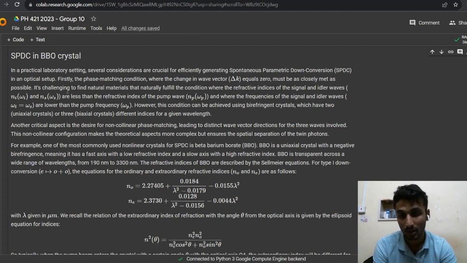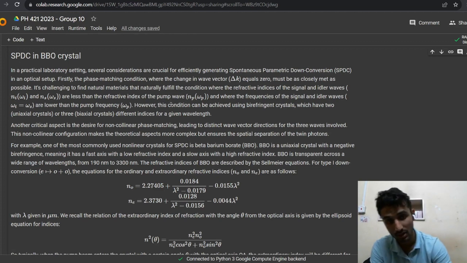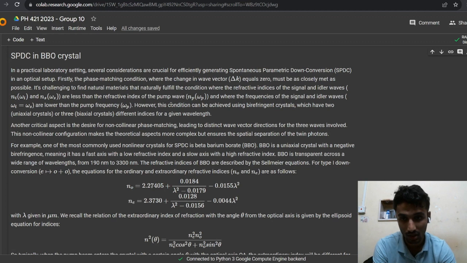So in isotropic materials or natural materials, it's hard to fulfill the condition for phase matching. So we see here Ni and Ns, the corresponding refractive indices at omegas, can't be less than the pump refractive index. So we have to go to birefringent crystals. These are anisotropic crystals which have different properties in different directions.